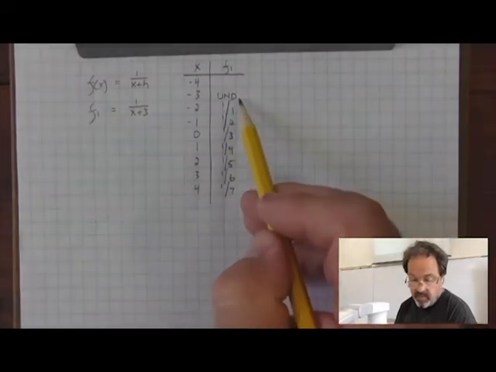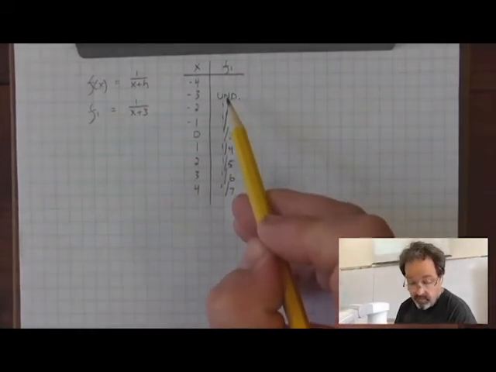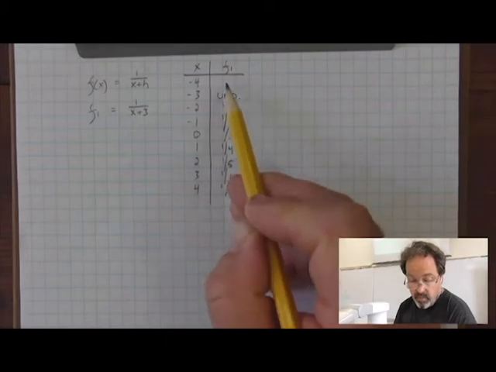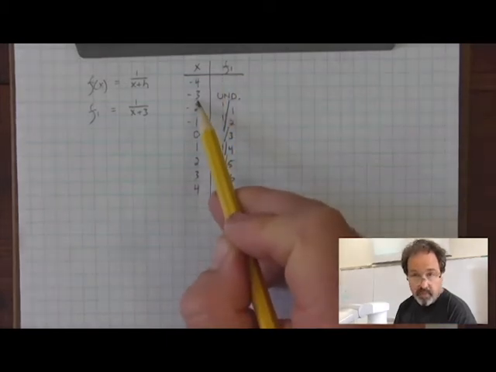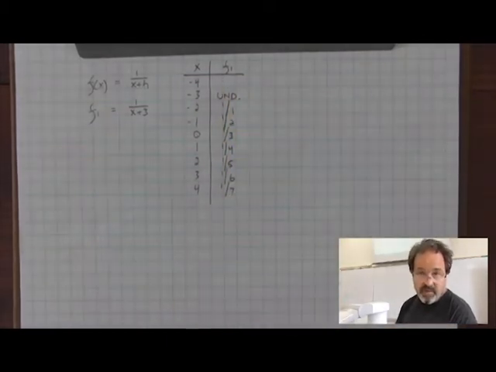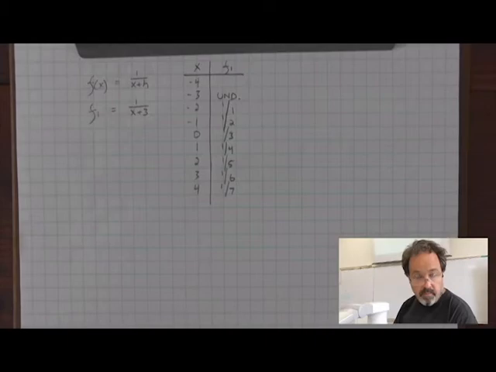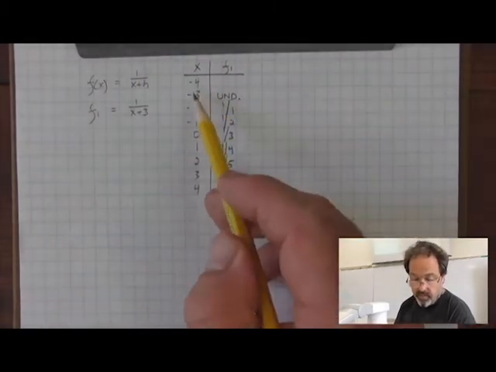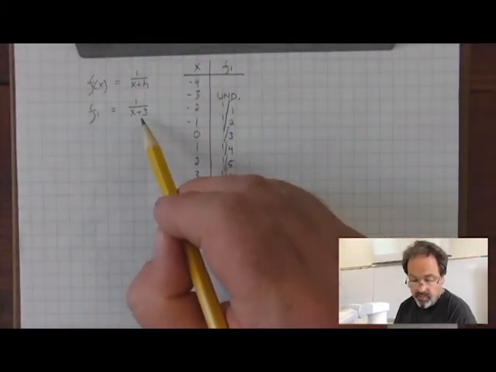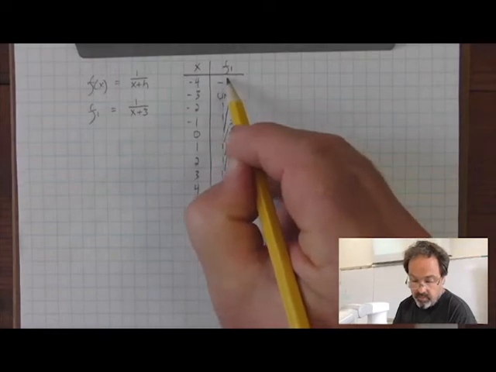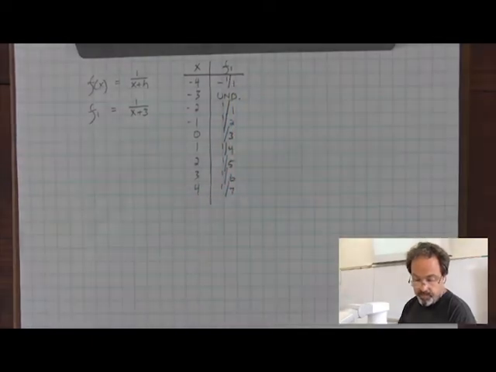UND is an abbreviation for undefined. The function is not defined when x is equal to -3. We could also say -3 is not in the domain of this function because it creates the division by 0 problem. I can put -4 in. When I do, I get 1 divided by -1. That's a -1 over 1.